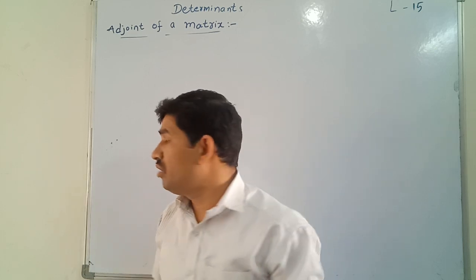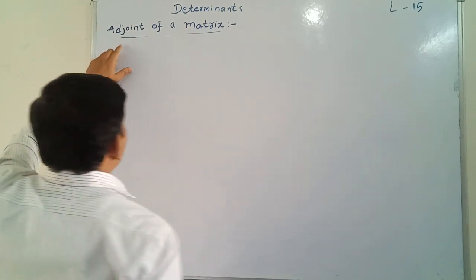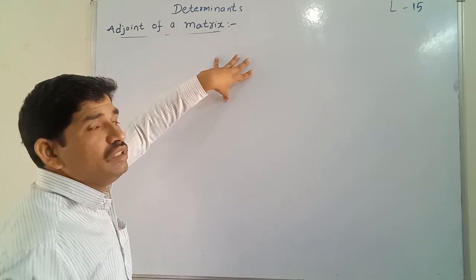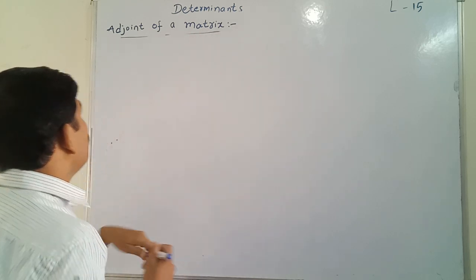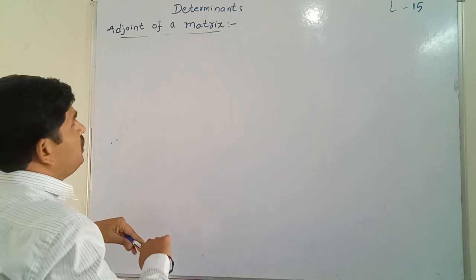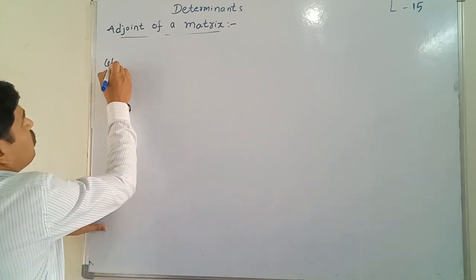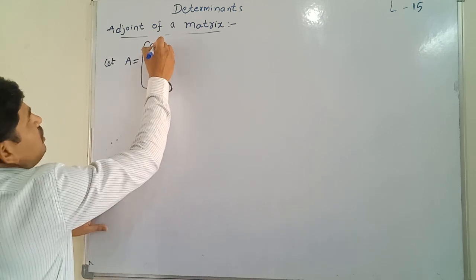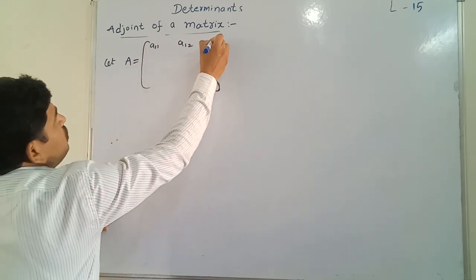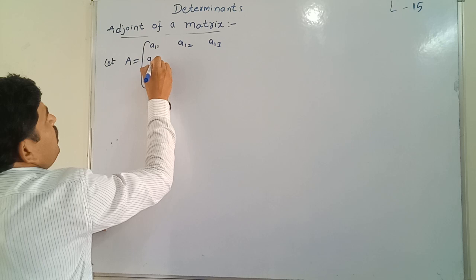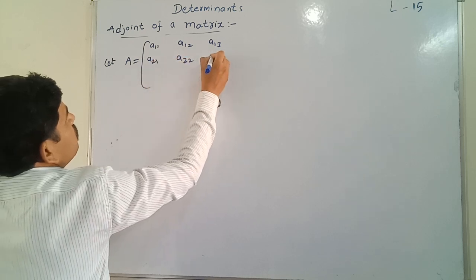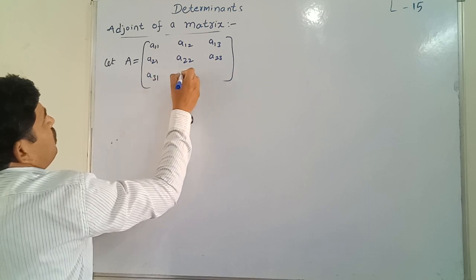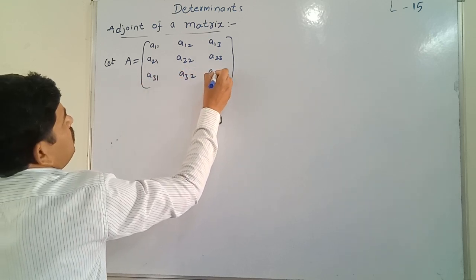See, this is the first one we are taking here, the adjoint of a matrix. After that we can continue with the inverse of a matrix. Now, before starting the adjoint of a matrix, let us consider a matrix: A11, A12, A13; A21, A22, A23; A31, A32, A33.